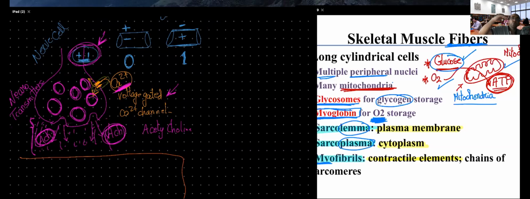Calcium is passing to the inside of the cell. As it passes inside the cell, it mobilizes the vesicles storing the neurotransmitter. And again, remind me, please, what is the name of the neurotransmitter that we're looking at here? It's my acetylcholine. Did I perform any contraction of the muscle so far?